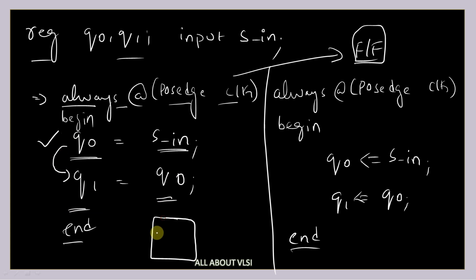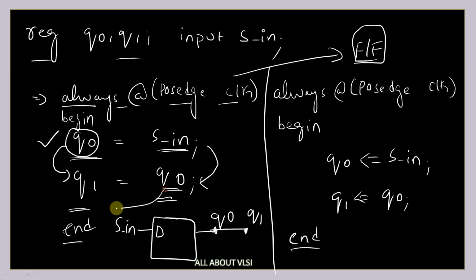This is a single D flip-flop where your input is S_in, and this is your Q0, and this will be your Q1. Q0 and Q1 will be connected to a single line. Why a single line? Because after the value of Q0 has been updated, only then does the compiler go to the second line, and it assigns Q0 to Q1.